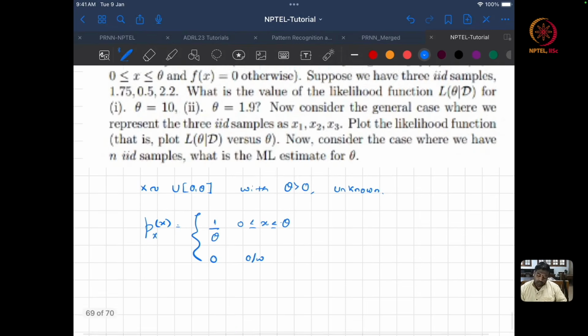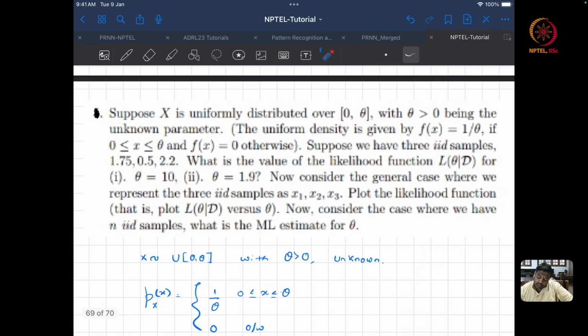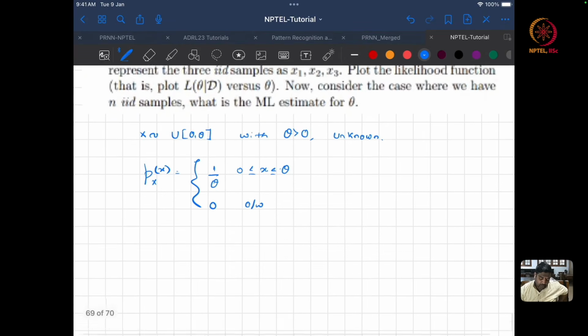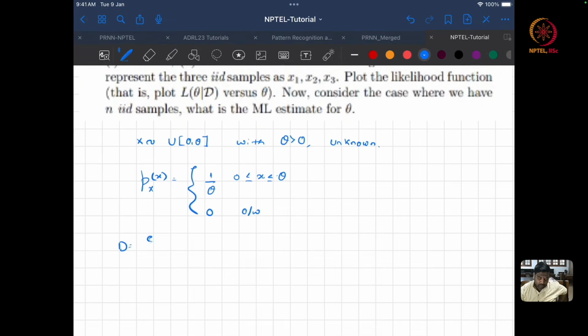Okay, so now suppose we have three IID samples. This is your data. Now the data that you have is x1 is 1.75, x2 is 0.5, x3 is 2.2.